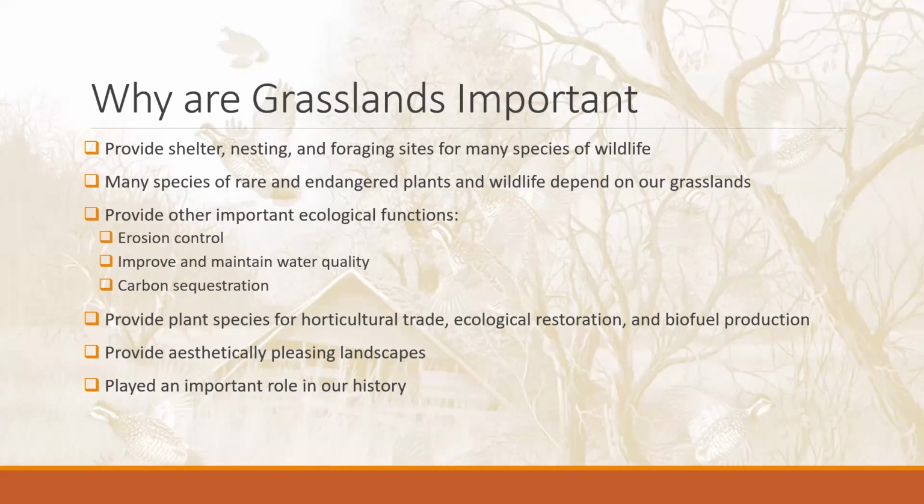Plants that grow in these areas also provide species for horticultural trade and medicinal purposes as well. So, purple coneflower is used in heart medication, witch hazel is used as an antiseptic, and elderberry, which is a native shrub, is used to improve immunity. These plants can also be used in ecological restoration projects and for biofuel production. Switchgrass is one of our native grasses that is used for biofuel production.